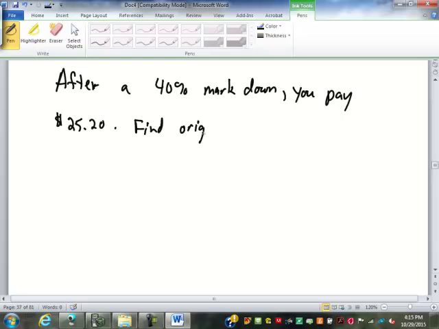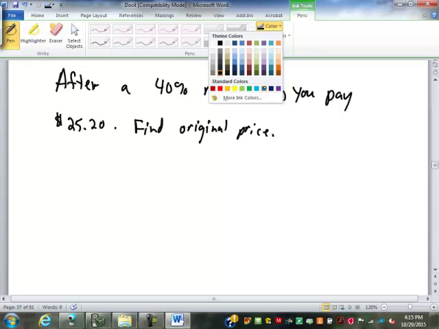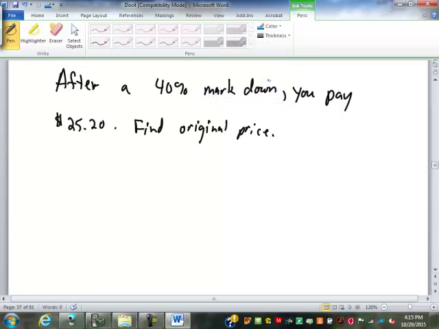Find the original price. This goes back to just like the ones we were doing before with the increases. We cannot find 40% and add it back on because 40% is not from the 25.20. It's from whatever the original price was.